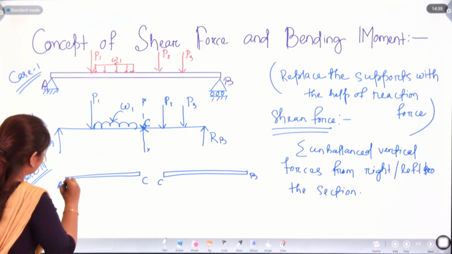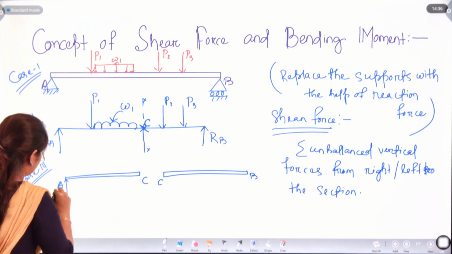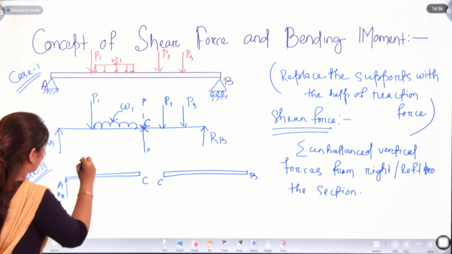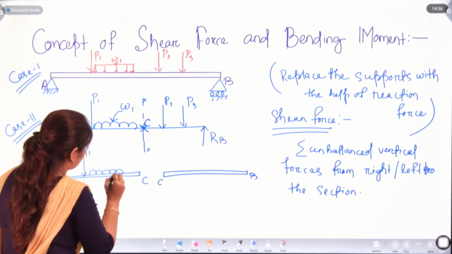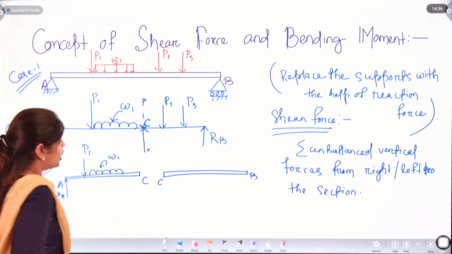Other things remain the same. Here we have RA, P1 and UDL W1.